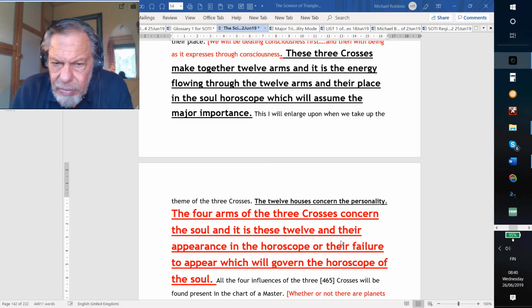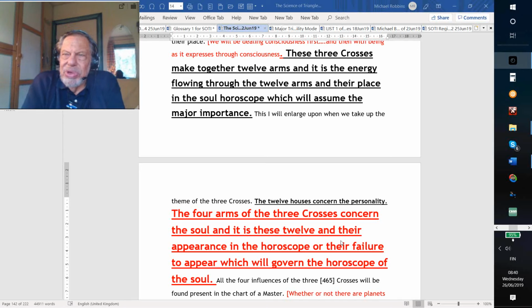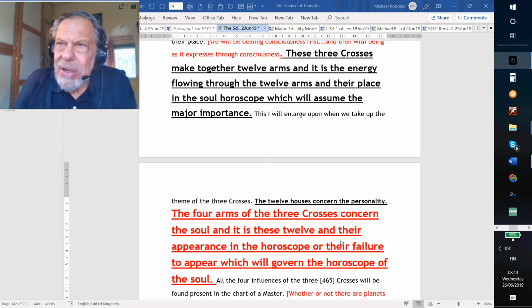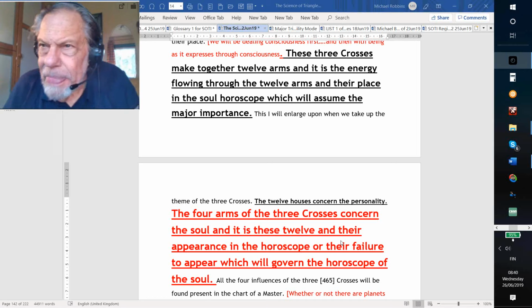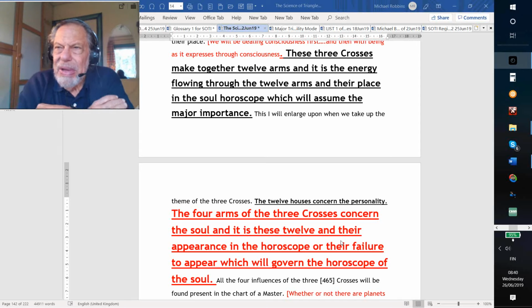However, the 4 arms of the 3 crosses concern the soul. It's kind of interesting. There's an old and funny saying that the personality just loves trines, sort of division by 4. But the soul loves squares.